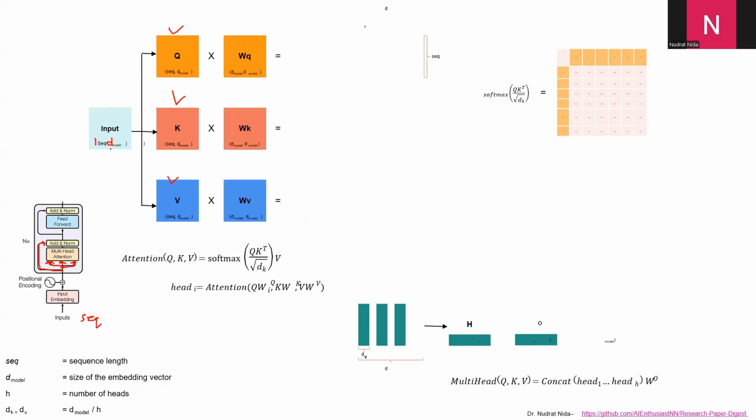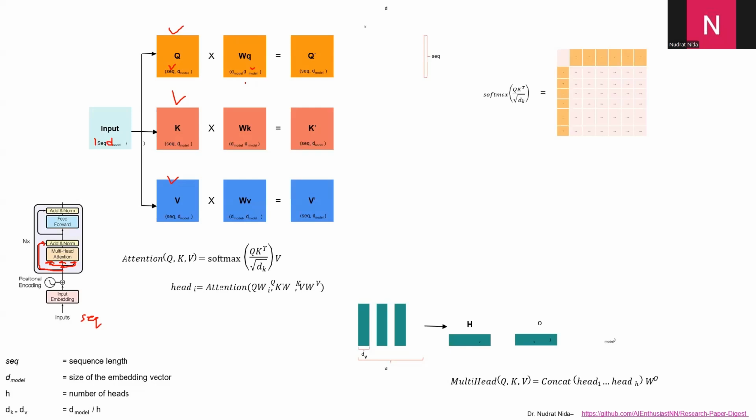Next we multiply it with a weight which has dimension D model by D model. If we multiply a matrix with another matrix, the output will be sequence by D model. So this will be the Q prime, K prime, and V prime.